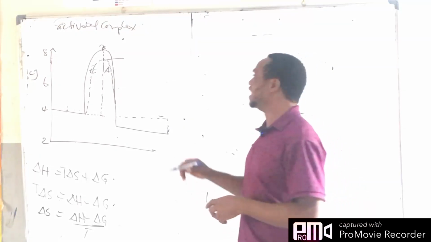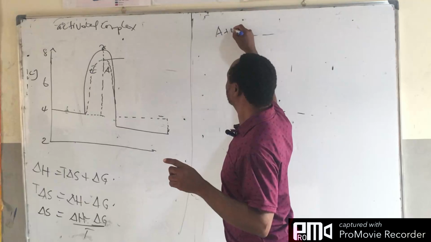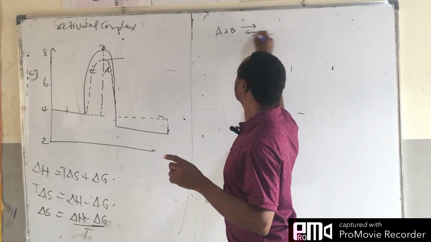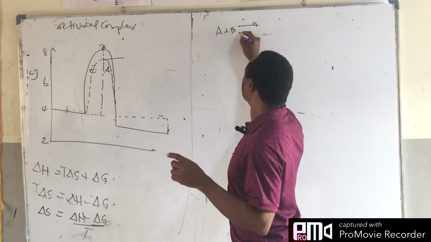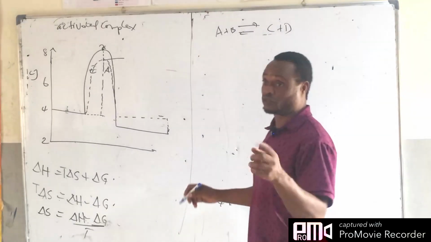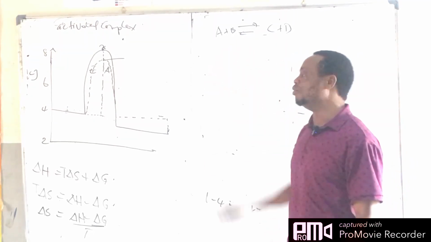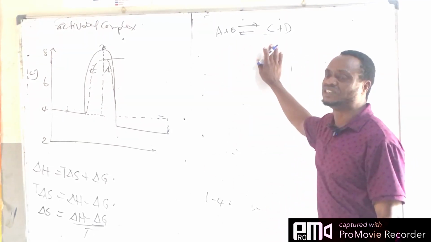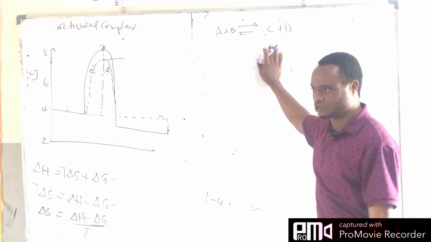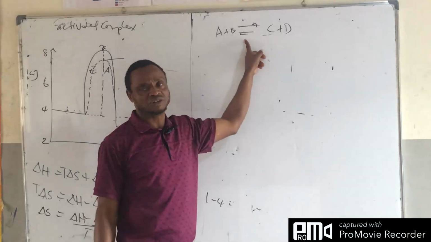Which means if it takes 1 second for the reactant to give you the product, it's assumed that it will take the same 1 second for this product to decompose to give you the reactant. You must have 2 arrows here, which represent a reversible reaction. So whenever you see this arrow in any reaction, it means it's reversible. You can go either way.